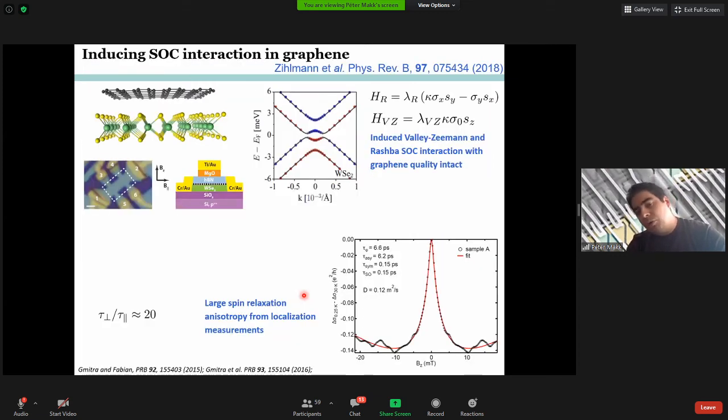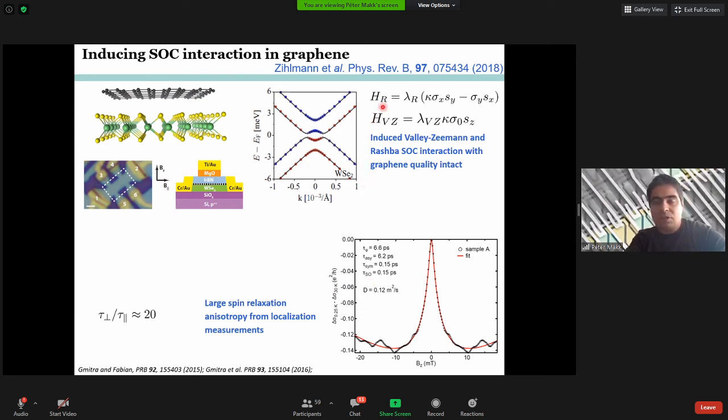To go more in the direction which I want to talk about, one other work where we were very involved is to try to induce spin orbit interaction in graphene. Here, the idea was to induce spin orbit interaction by placing graphene on tungsten selenide. Similarly to a lot of works in the literature, we have shown that you can induce spin orbit interaction in graphene.